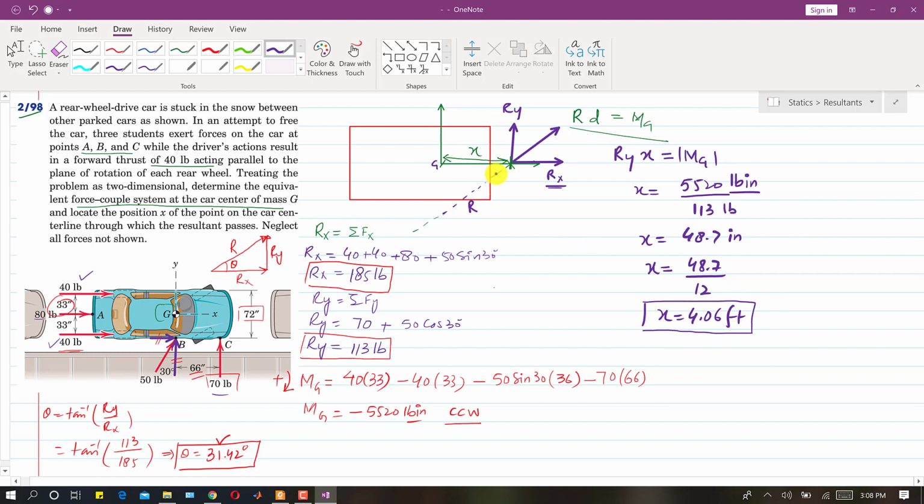So the line of action of this resultant will be 4.06 feet away from this origin along the x direction, towards the positive x-axis. So this is the solution of this problem.